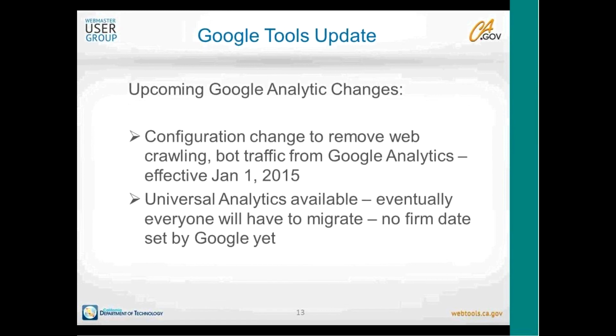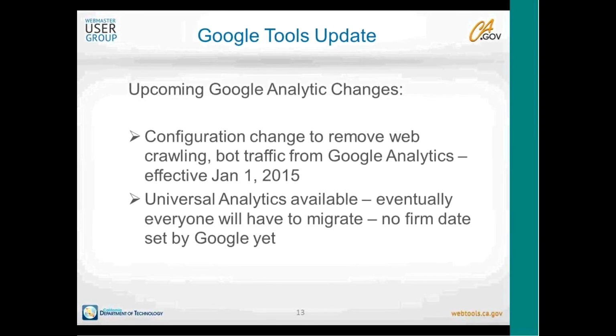What we're planning on doing, effective January 1st, is going through and turning on that feature for all your Google Analytics accounts. We're letting you know so you can let your stakeholders or people interested in the analytics know they may see a little drop in the figures because we're cutting out that bot traffic. Does that make sense? It's just a filter capability that just came out recently.